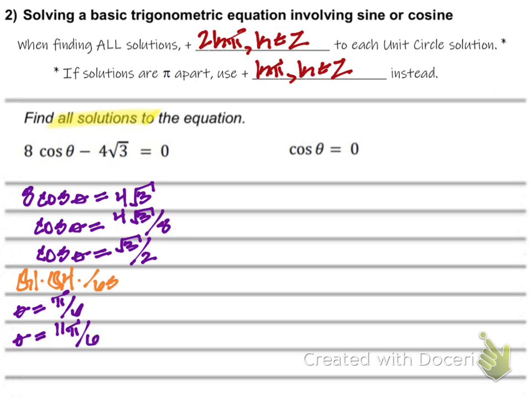So now I'm going to look at those two and be sure they are not a distance of pi apart. Well, pi is 6 pi over 6, correct? So if I subtract those two, I do not get 6 pi over 6, right? So they are not pi apart. So that means both of these just get a plus 2k pi, where k is in z. And so these are our two solutions.